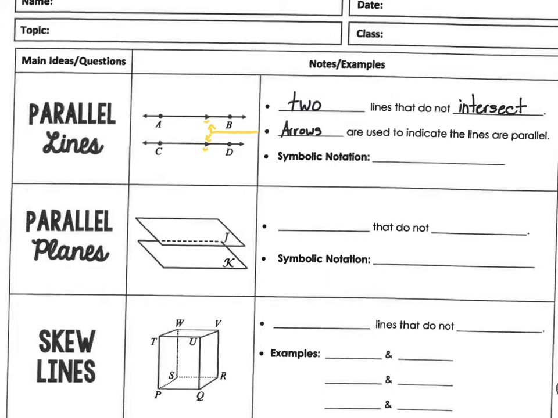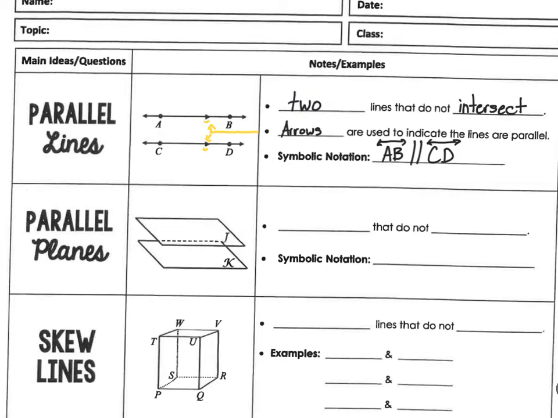Okay, if we were to write out that these two lines are parallel, you would write them as line AB, parallel to CD. So if something's written like that, that would tell you that those two things are parallel.